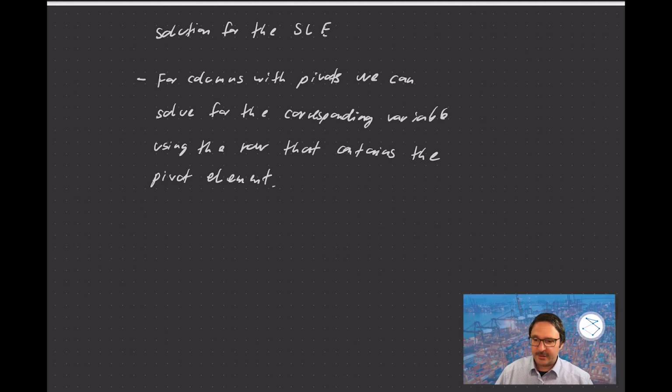And of course, that solution will depend on the values of the free variables. So for each setting of the free variables, these pivot variables, these non-free variables or bound variables, will assume a different value.